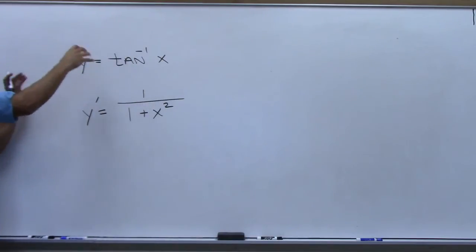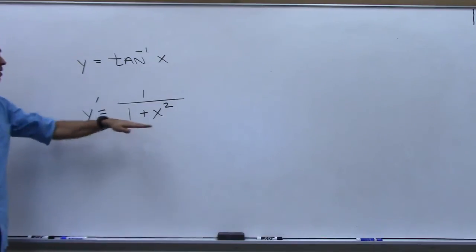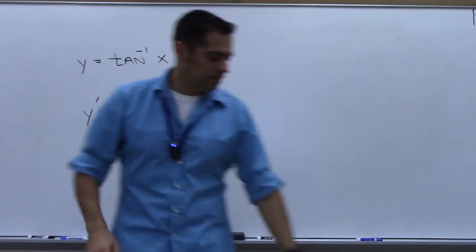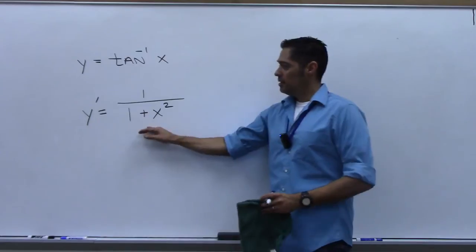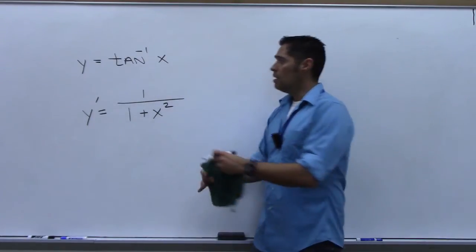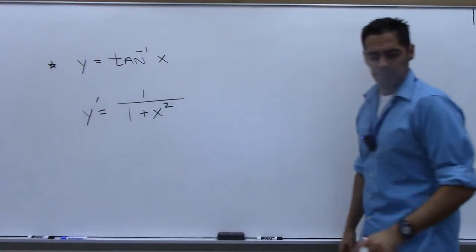Tangent first, then you would do the derivative, then you would do a reference triangle, and you would eventually get back to this. This will be with us until the end of class. This will never go away, the derivative of arc tangent. So maybe put a star next to this one because it does come up so much.